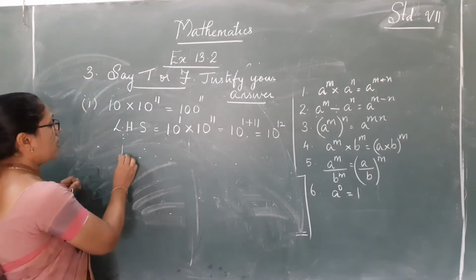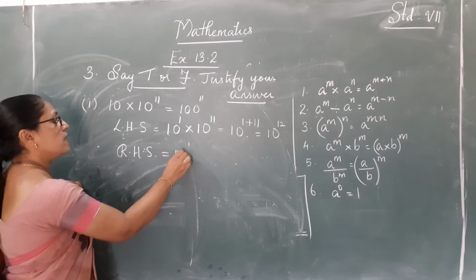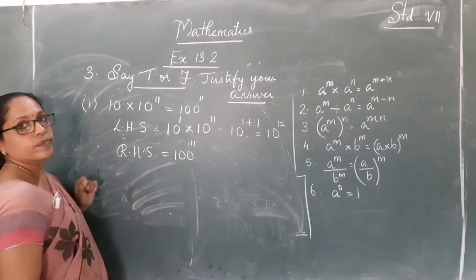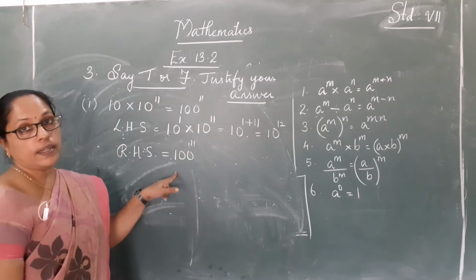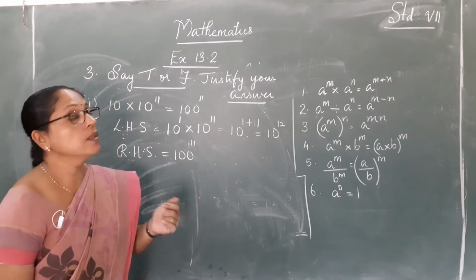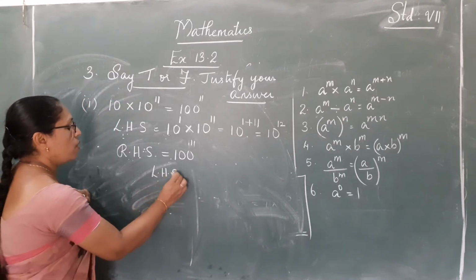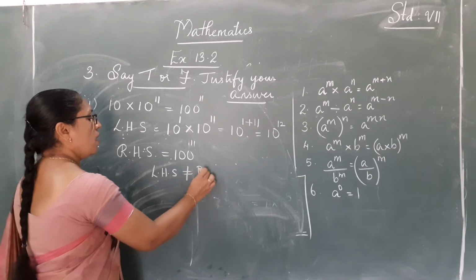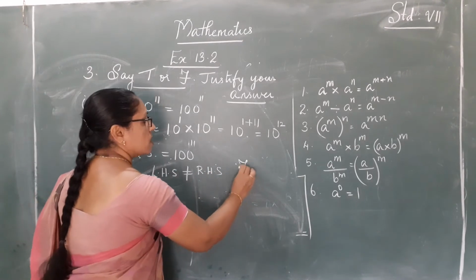And our RHS is 100 raised to 11. So 10 raised to 12, 100 raised to 11. Are they equal? No. So we can say LHS is not equal to RHS. So it is false.